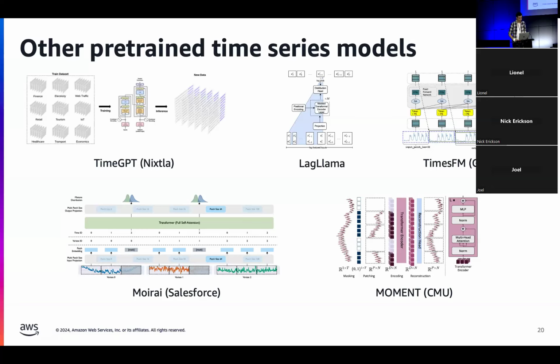But here people have often tried to go for time series specific designs with some very special design choices and architecture choices that we will see also work quite well, but in the end do not work as well as the LLM-based models we have seen so far.